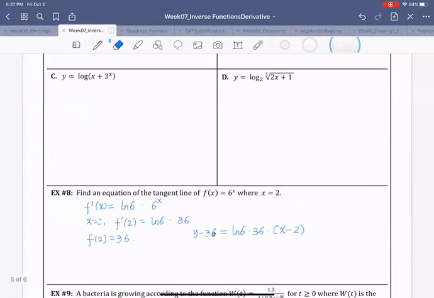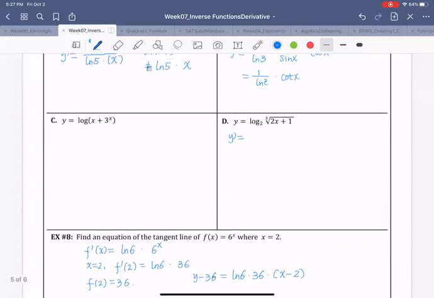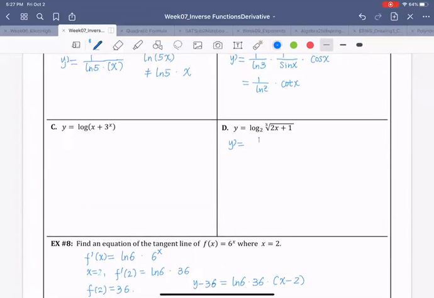Let's do this D also. Let's finish this one. So y prime is going to be 1 over ln 2 and then times 1 over the cubic root of 2x plus 1. And then you have the power rule and chain rule.